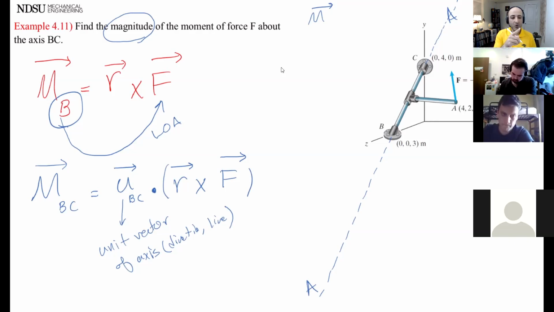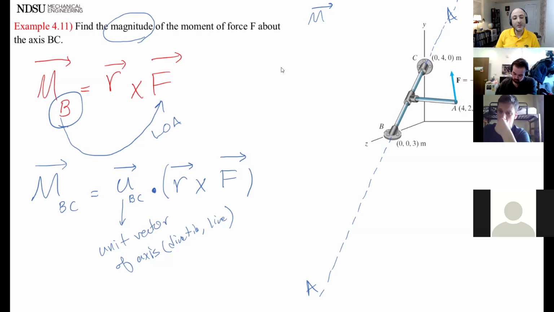In the moment about a point, the R, the position vector, was from the point to the line of action of F. So who can tell me what you think this position vector is in this case? Because now we're not dealing with a point, so we can't say from point to F. So where is it from?